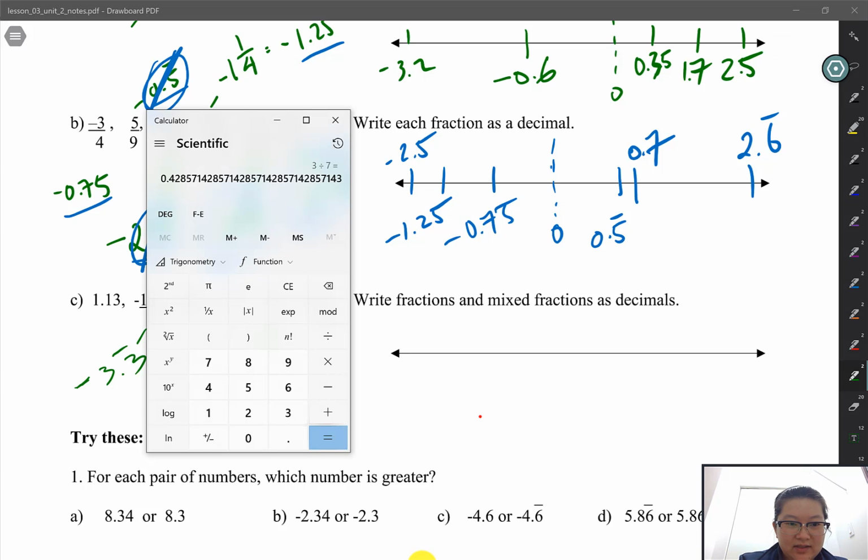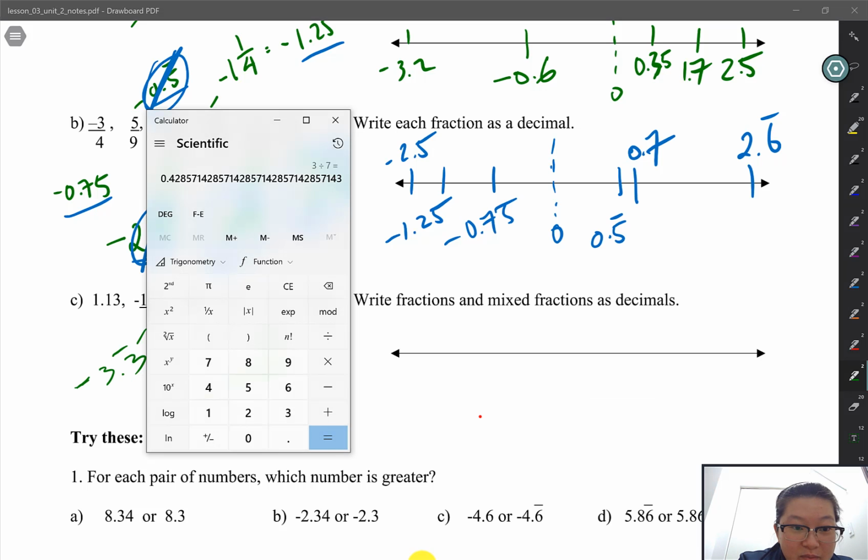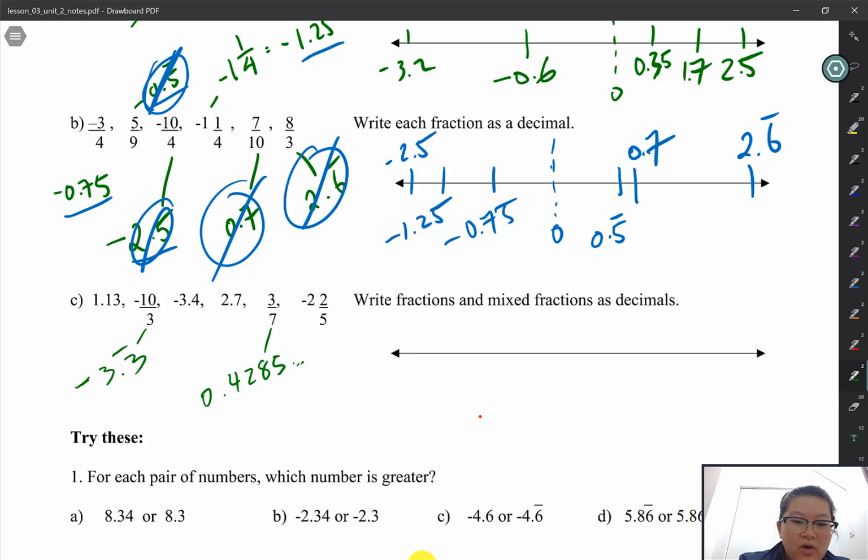Okay, wow, it's the one that's really funky. 0.4285, and I like putting the dots just to show that it continues onwards. Oh, wait a minute, it repeats 571, and this repeats. And then this one over here is negative 2 and 2/5, so this is negative 2.4.